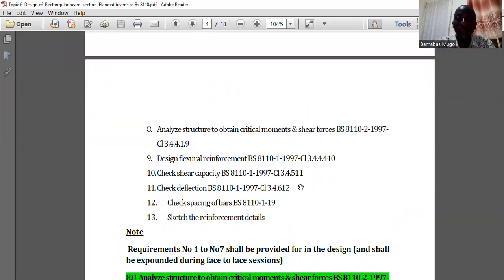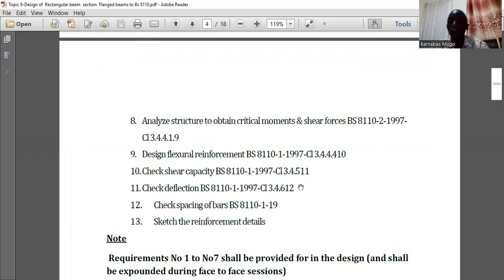You can also analyze the structure to obtain the critical moments. Then you design for the reinforcement, you design for the shear, you design for deflection, then spacing for the bars, and also you sketch the detail. This is exactly what we are going to do.